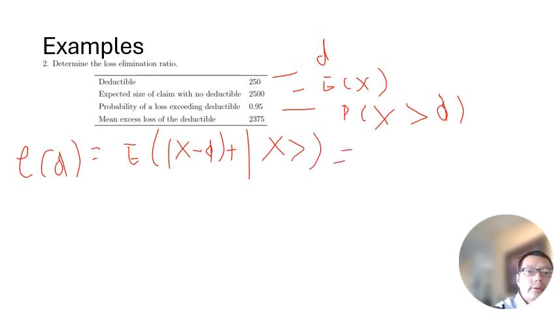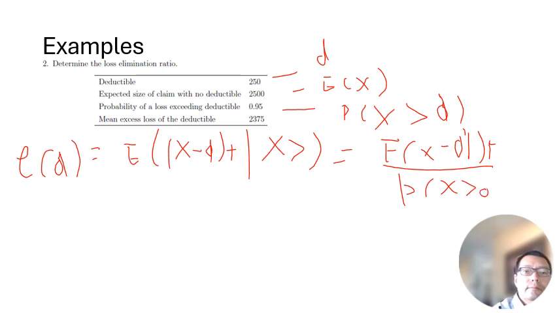So this is further with the formula we know. The probability of X greater than d is 0.95, and e(d) is given as 2375, and this is 0.95.